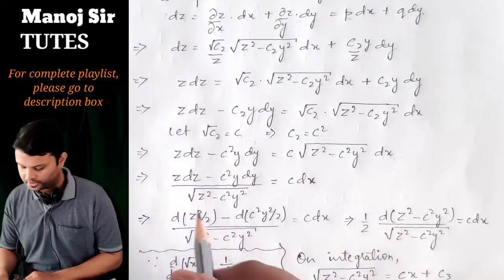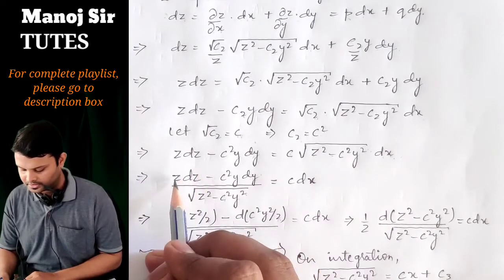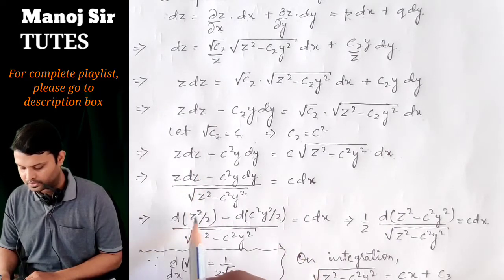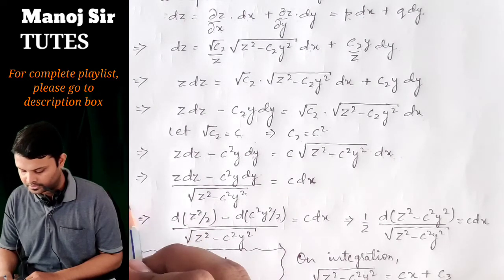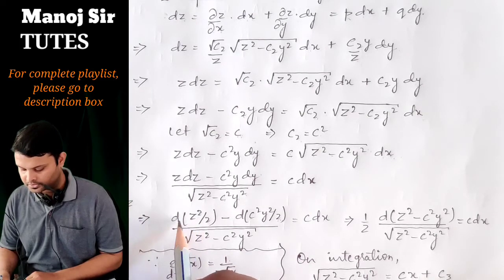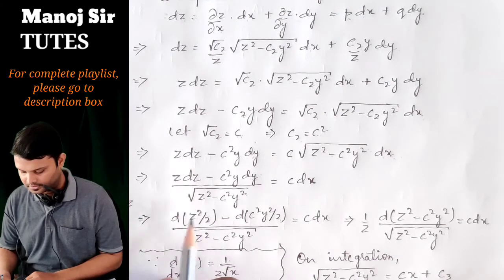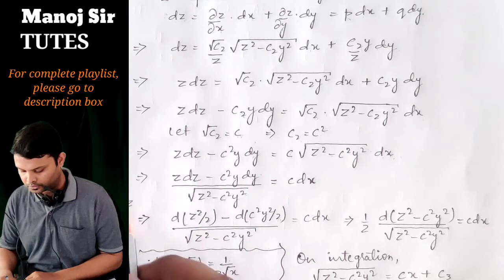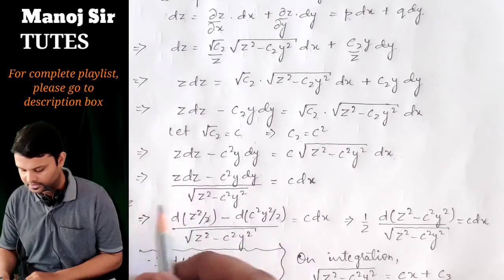Now if you see closely this part, that is z dz, in place of this we can write differentiation of z square upon 2, because on differentiating z square with respect to z you will get 2z, so 2z upon 2, the 2 gets cancelled, and that is z.